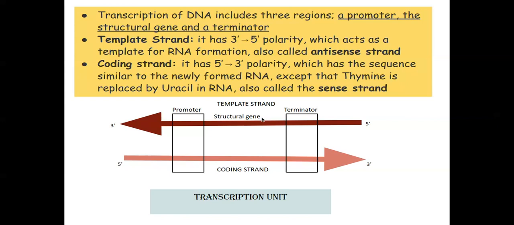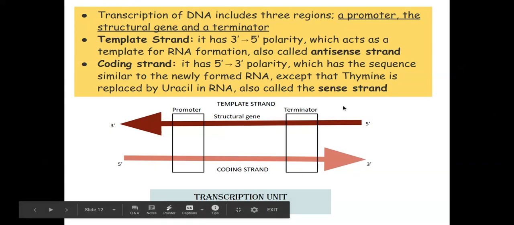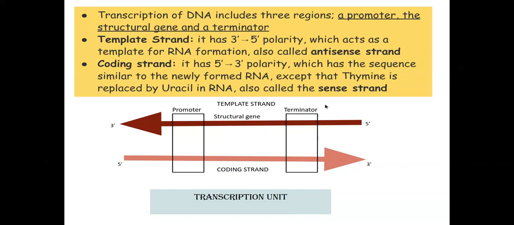As we have already said before, it is not both the DNA strands which will serve as template. The strand that serves as template is called the template strand. It is also known as the antisense strand, whereas the other strand is called the coding strand or the sense strand. It is important to note that this coding strand is very similar to the newly synthesized RNA.